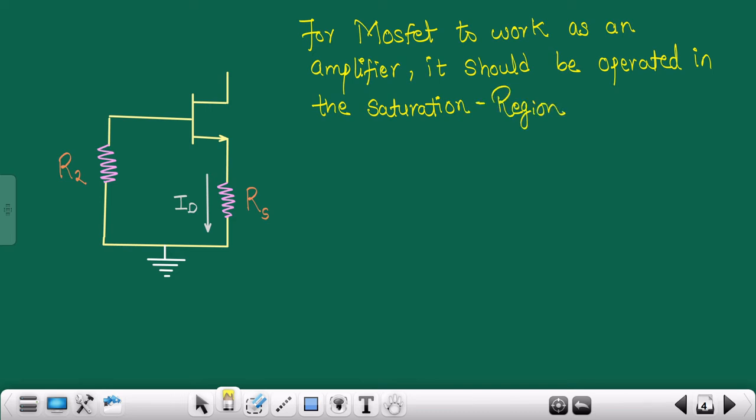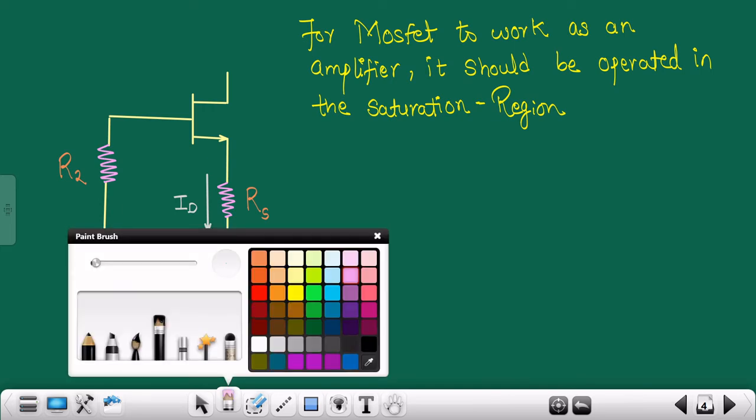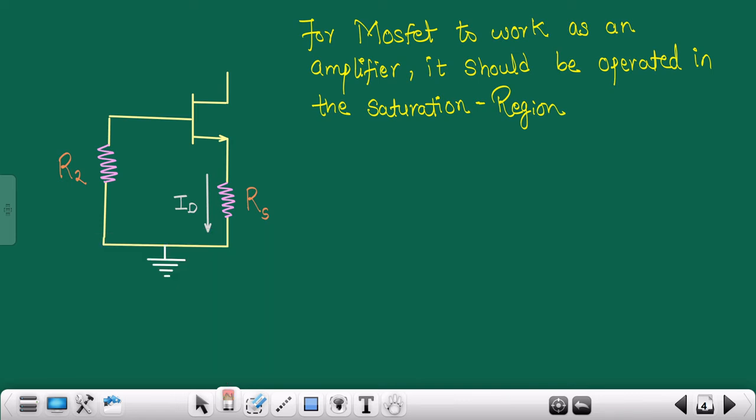The condition for the MOSFET to operate in the saturation region is this. Let me select some vibrant color, maybe I will go with this one. That means your VDS should be greater than VP. And we all know that VP is nothing but VGS minus VTH.